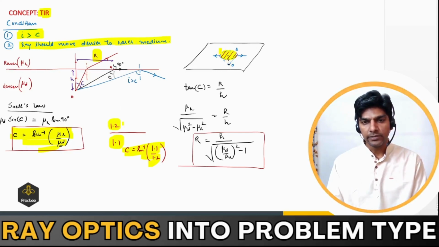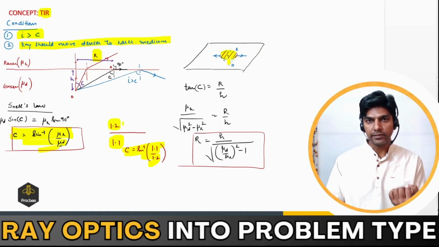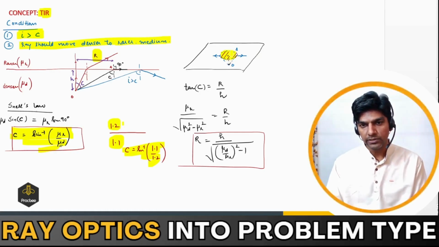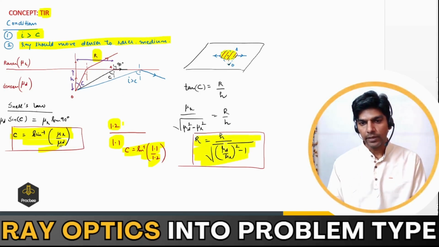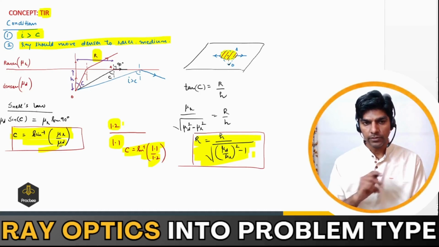So if the light is incident on the periphery of this circle, then the refracted light will graze the interface. So we can say light is coming out from the denser medium to the rarer medium only through this circle. Now this is known as circle of illuminance, and R will be given as h upon root of (mu d by mu r) square minus 1. So this you have to remember.